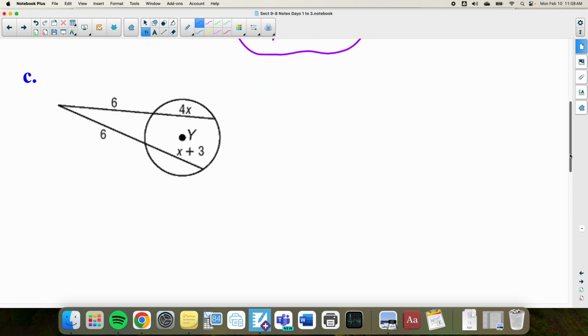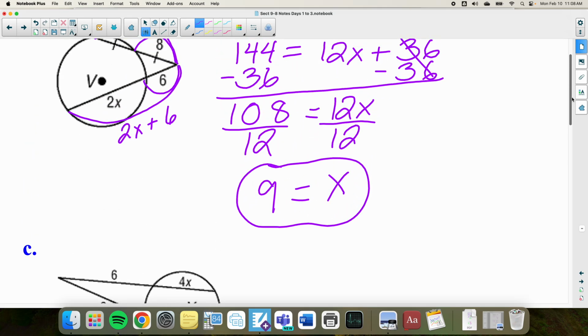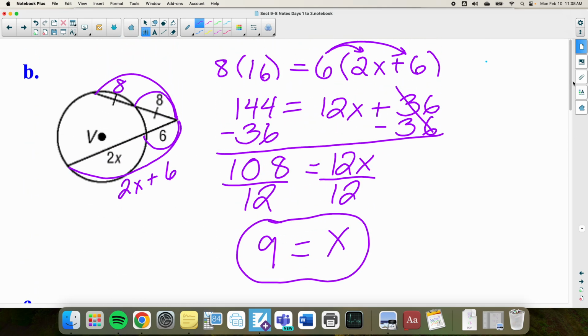All right, so now if we look at this one, 8 times 16 is 128. What if you did 8 times 16? Oh, you're saying right here it is 128, so then minus 36 is 92, and then x should be like 7.6 repeated.